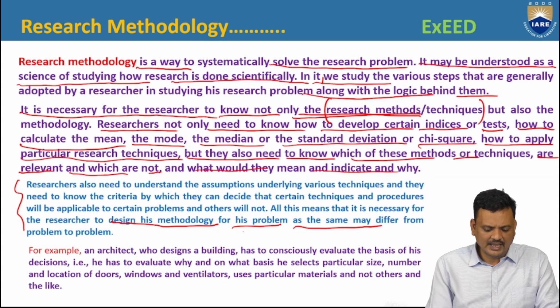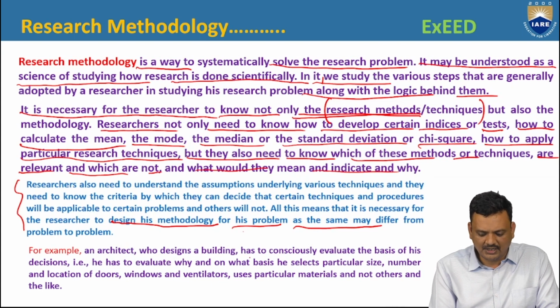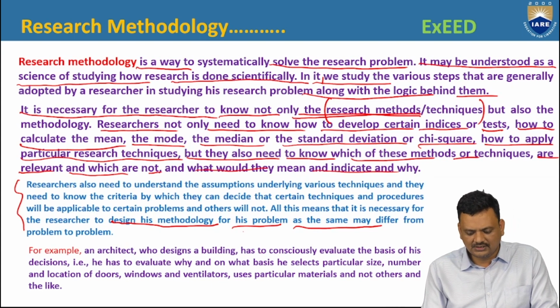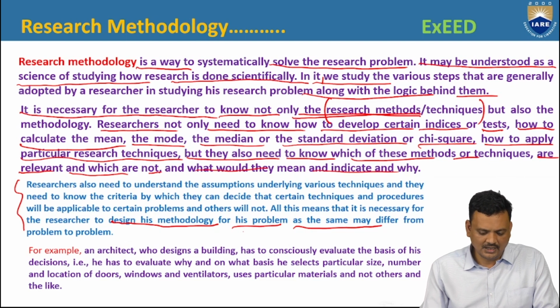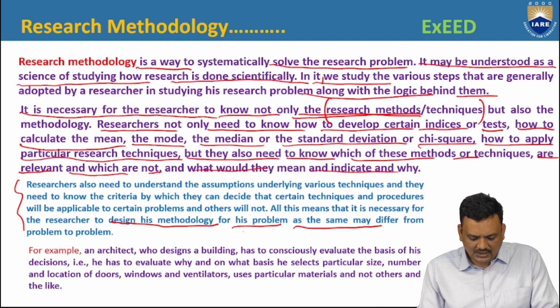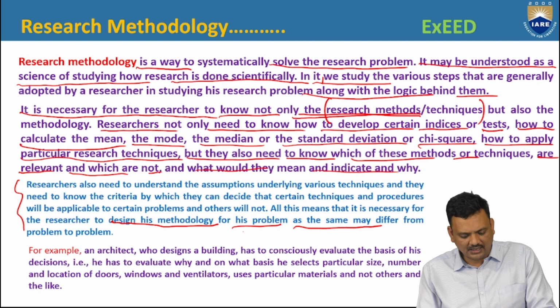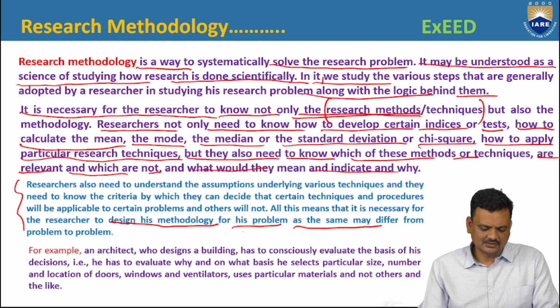For example, an architect who designed a building has to consciously evaluate the basis of his decision. That is, he has to evaluate why and on what basis he selects a particular size, number and location of doors, windows and ventilators, uses particular material and not others, and the like.